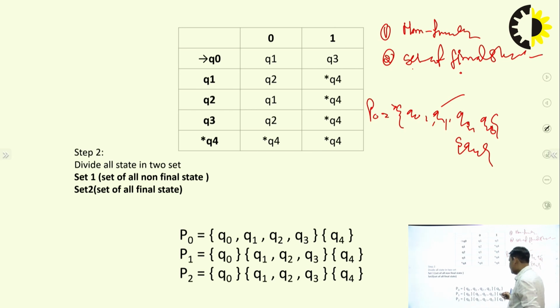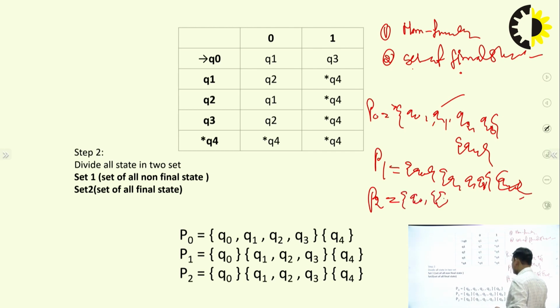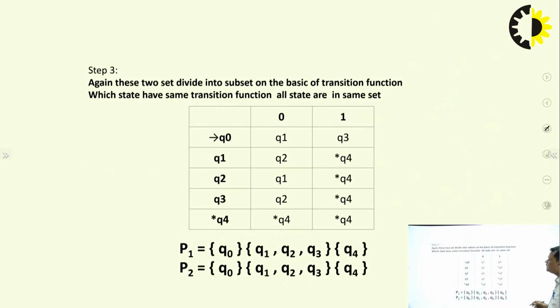Partition number 1, P1, equals Q0 as one set, and Q1, Q2, Q3, and Q4 as another set. Partition number 2, P2, equals Q0, then Q1, Q2, Q3 as another set, and Q4, the final state, as another set.